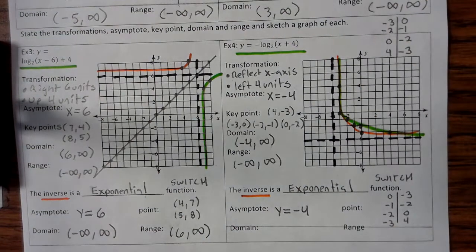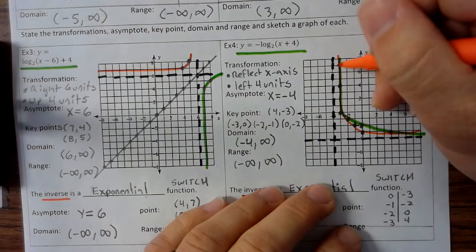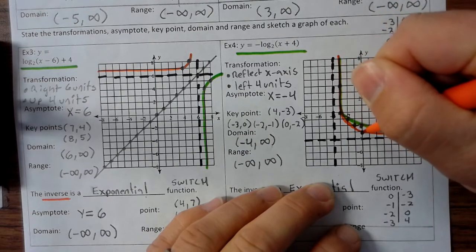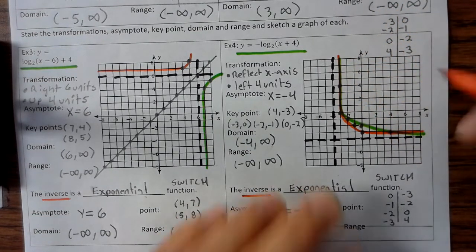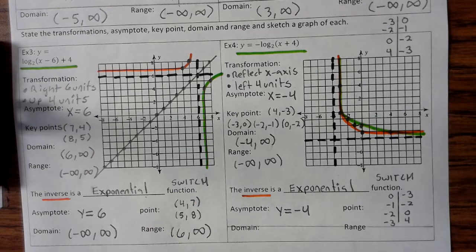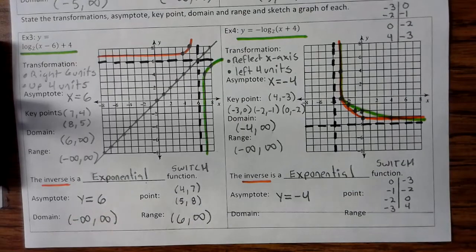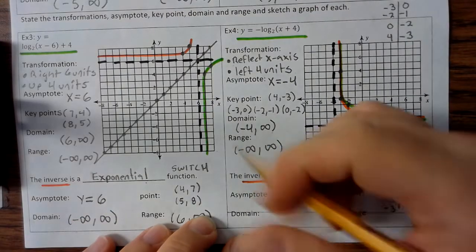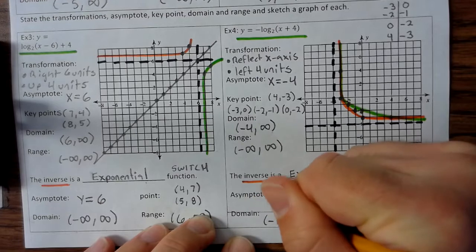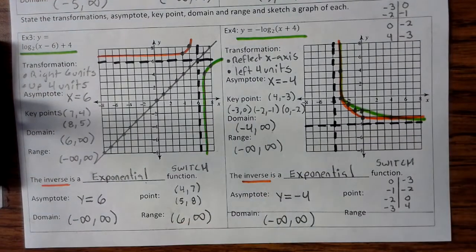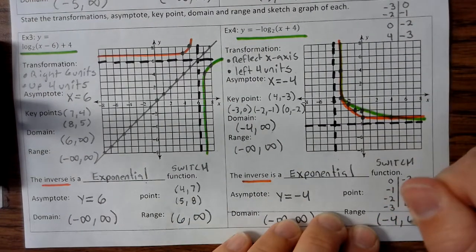So this one is pretty crazy because it looks like they're almost the same graph. All right. Now domain is in switching, so -infinity to +infinity, and range is -4 to infinity.